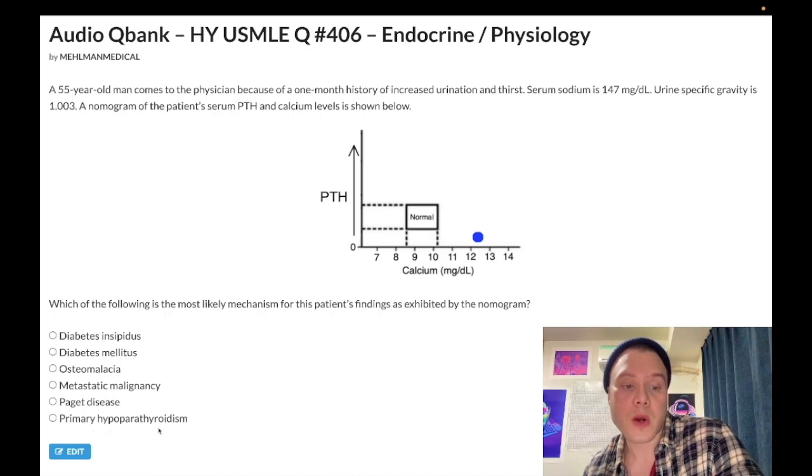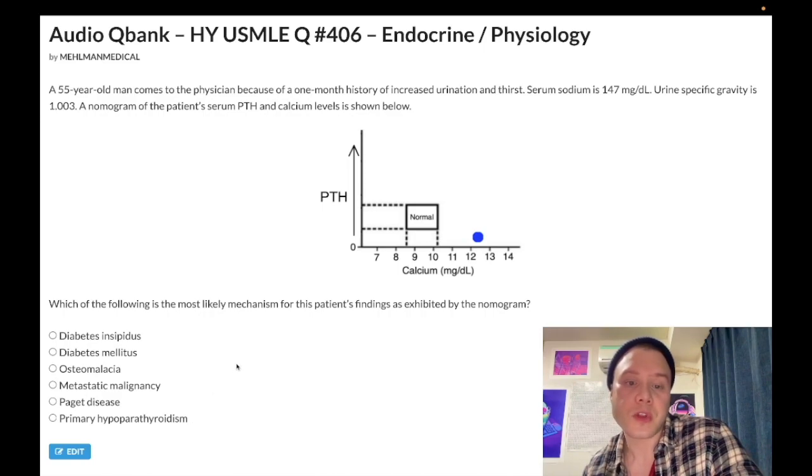Final answer, primary hypoparathyroidism. I mean, clearly that makes no sense because although PTH is low here, you'd have low calcium. Okay. Primary hypoparathyroidism will be the answer if we have thyroidectomy where we've removed the parathyroid glands. You could say, well, isn't that iatrogenic? That's secondary.